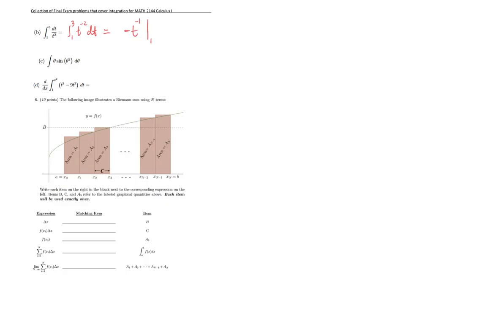I'm evaluating that from 1 to 3. So that'll give me negative 3 to the negative 1 minus negative 1 to the minus 1. So that will give me negative 1/3, and then the minus will make a plus. 1 to the minus 1 is just 1, so this will be positive 2/3.